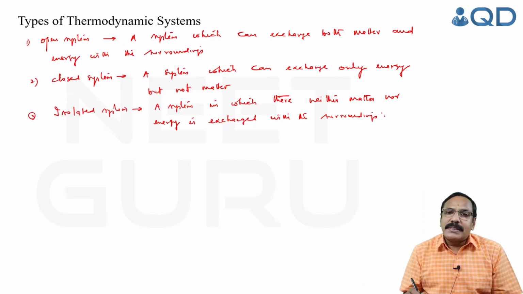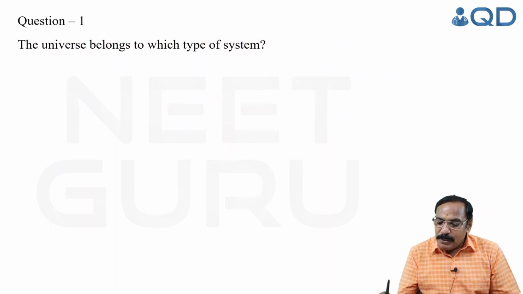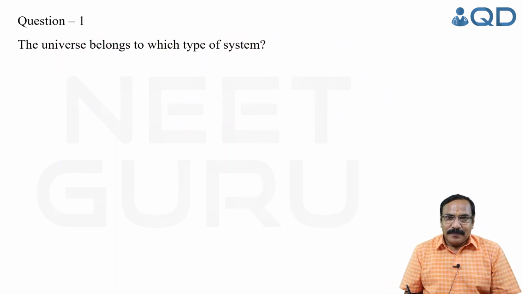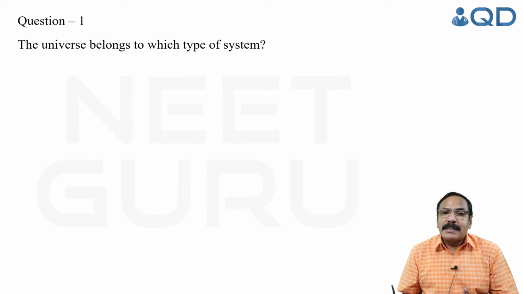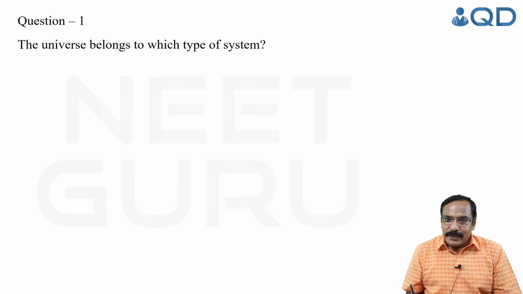Now let us discuss a simple question. The question is, the universe belongs to which type of system? Universe is system plus surrounding. So nothing comes in, nothing goes out. So it is an isolated system.